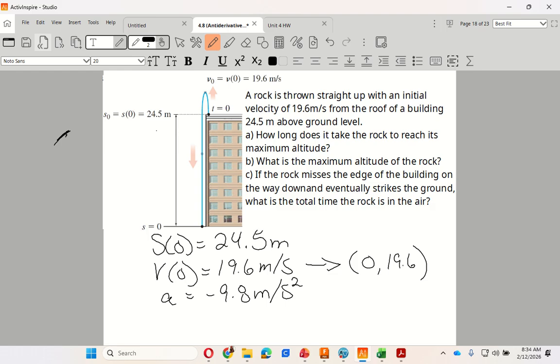And this one right here is an ordered pair of 0, 24.5. So if I'm doing this exactly like I did yesterday, this one was my C1, and this one came out to be my C2. Same thing, but since I'm going backwards, working with acceleration, velocity, and position, it's not just whatever constant comes out for my formula.